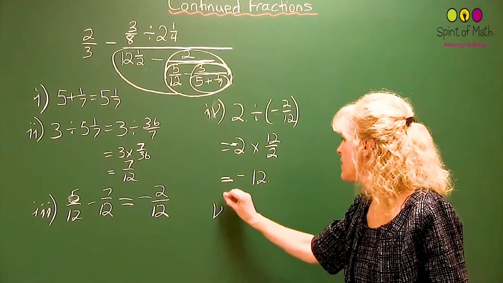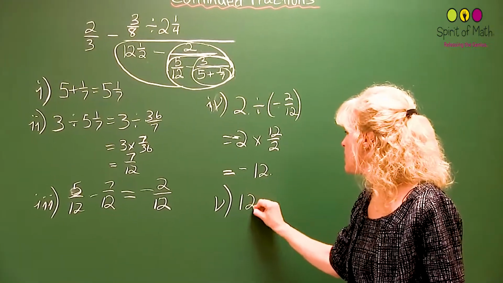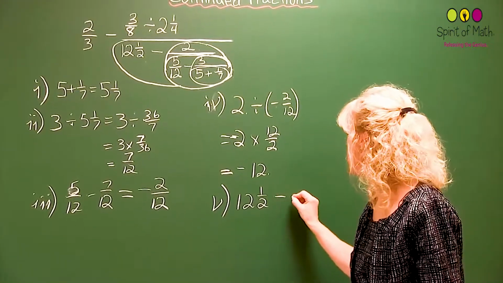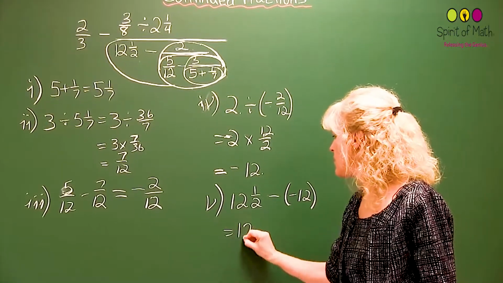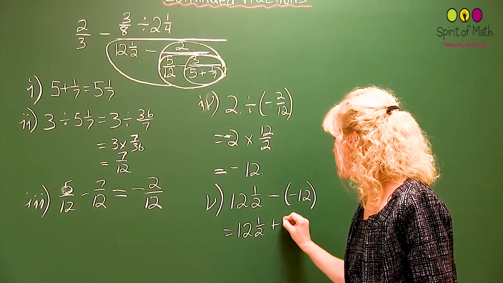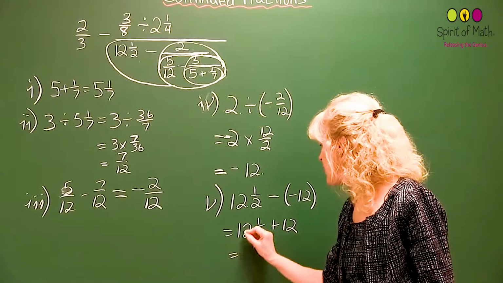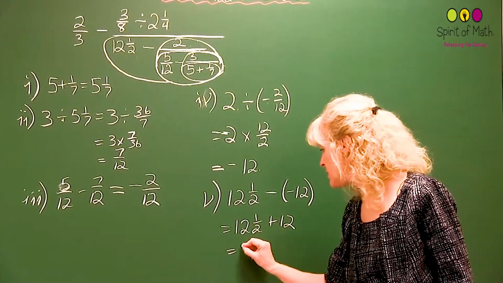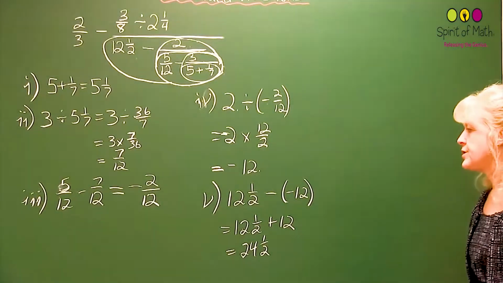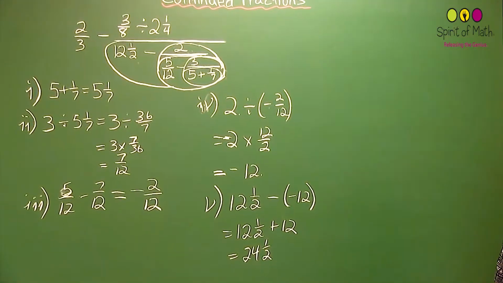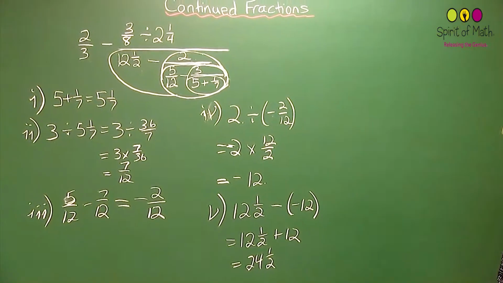So step 5 would be 12 1/2 minus that negative 12. So that's equal to 12 1/2 plus 12. And 12 1/2 plus 12 is just 24 1/2.